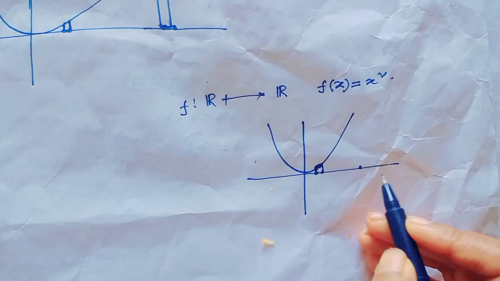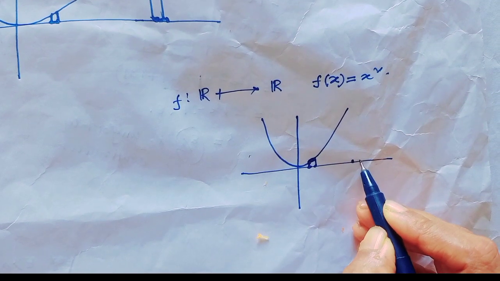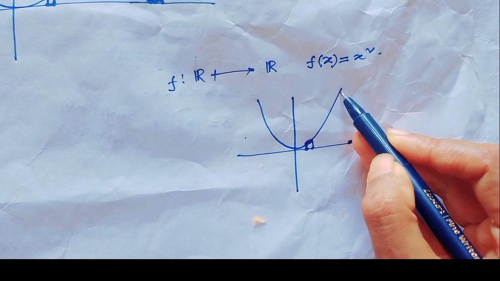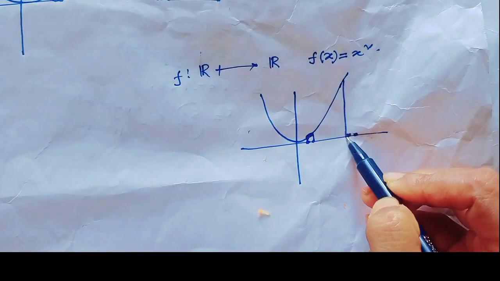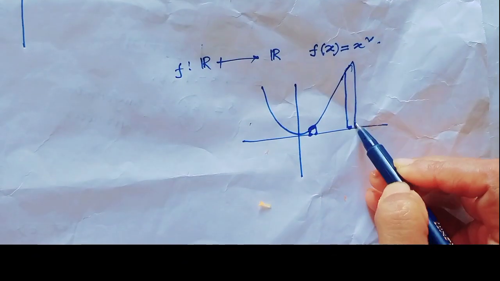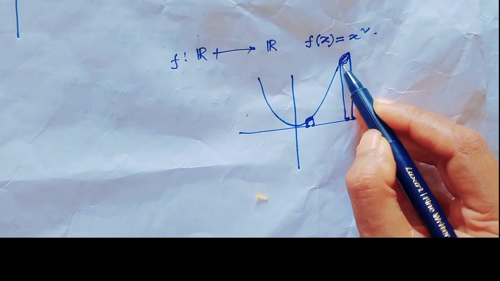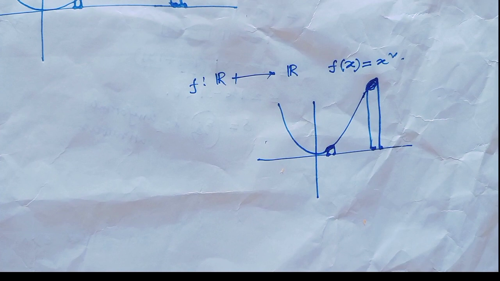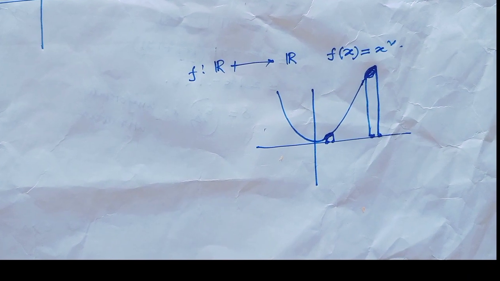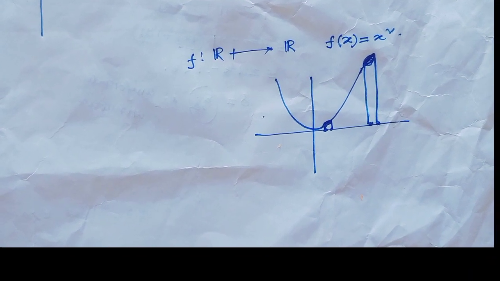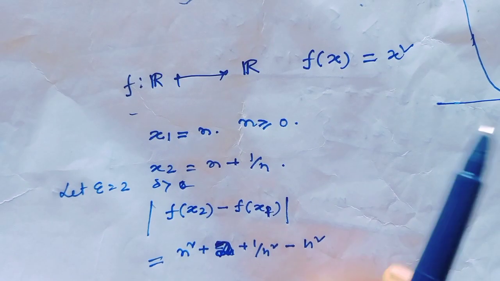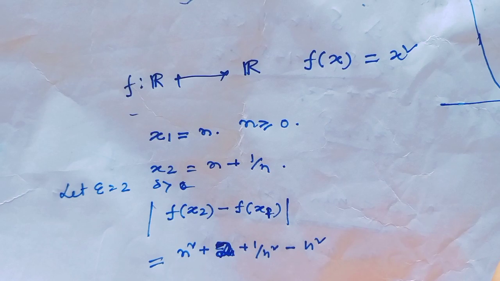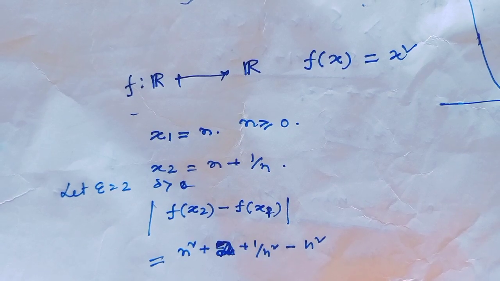If we consider points which go to infinity and take the same distance between them, the resulting difference in function values would be different. Notice this distance and this distance; this will prove the function is not uniformly continuous on the whole real line by sequences. This function is not uniformly continuous when the point goes to infinity.